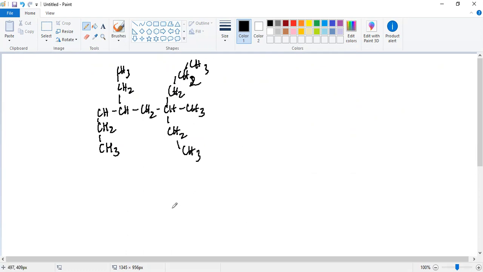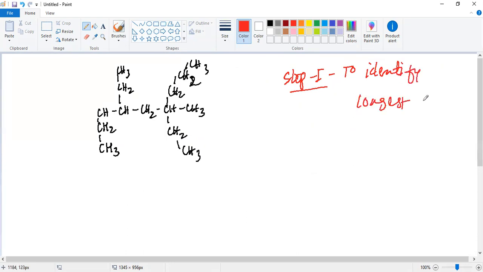Suppose this is the compound that we want to give name to. So what is the step number 1? The step number 1 is to identify the longest chain, my dear students. So we need to identify the longest chain here.